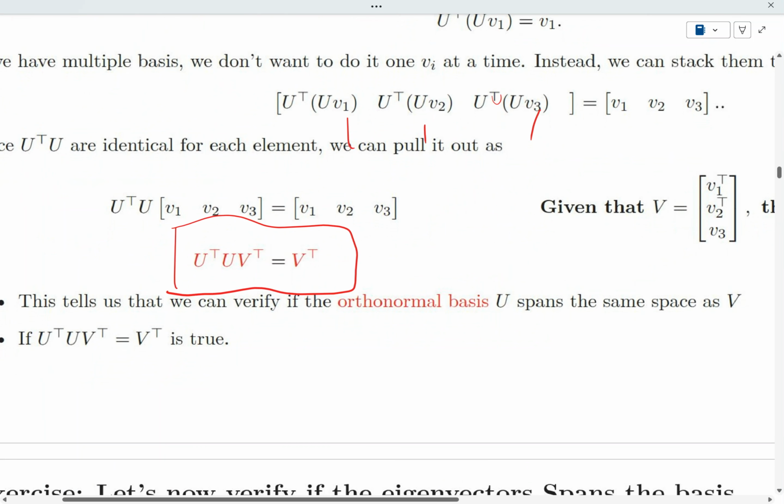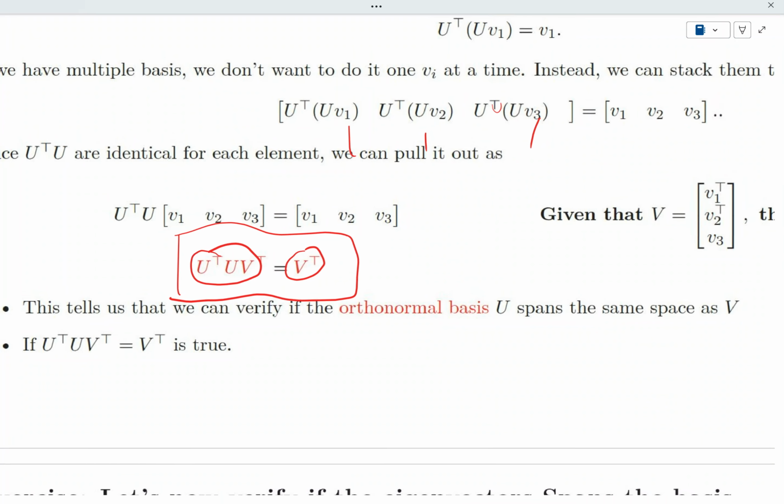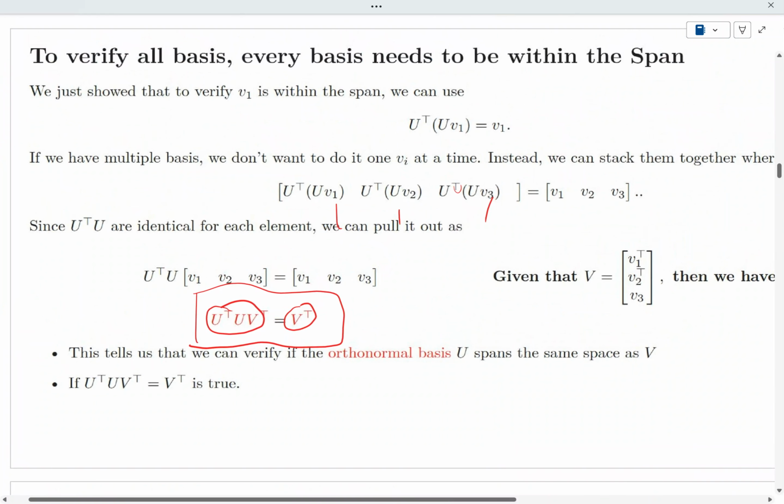It's saying that if you have basis vectors V, and you want to know if they're spanned by the orthonormal basis eigenvectors, you run this test, you multiply it, and if it is equal to V, then the problem is solved. And yes, this will verify that they are equal, and it verifies that the orthonormal basis spans all the bases.